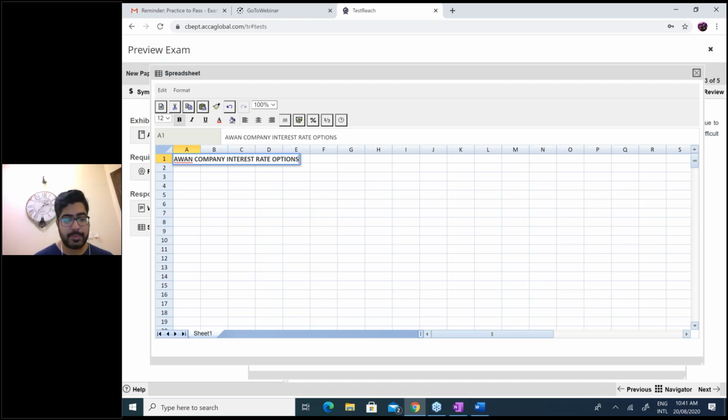Okay, so Avan company interest rate options. Okay, so I have told you interest rate options. Again, there are two things. Increase by 0.9%.